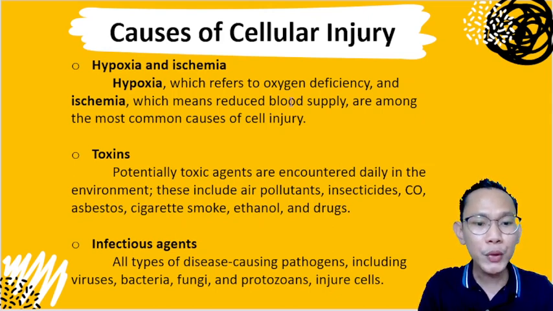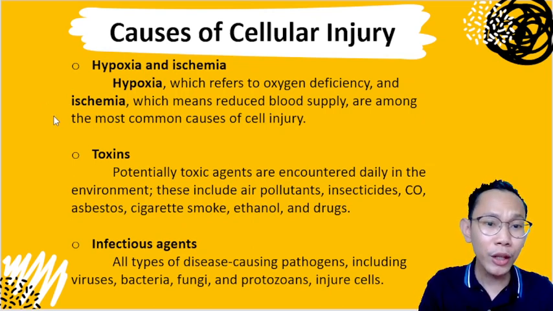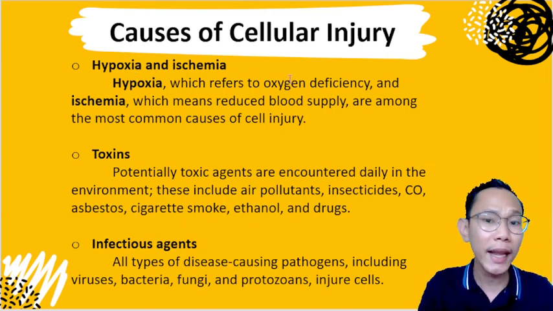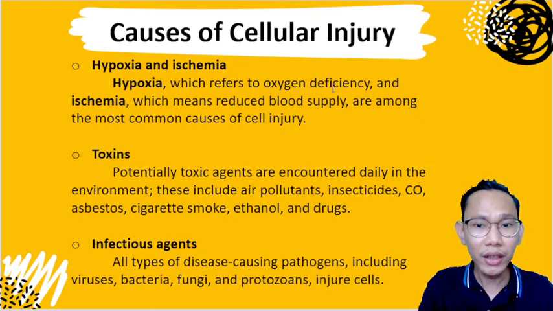However, the most common cause of your hypoxia is ischemia. Remember, ischemia results from an arterial obstruction. So in short, your ischemia is under your hypoxia. Hypoxia is a general term as long as the end result is oxygen deficiency. Kasi nga, sa ischemia, anong nangyayari? It means reduced blood supply.